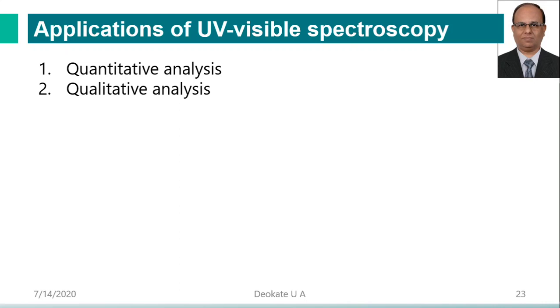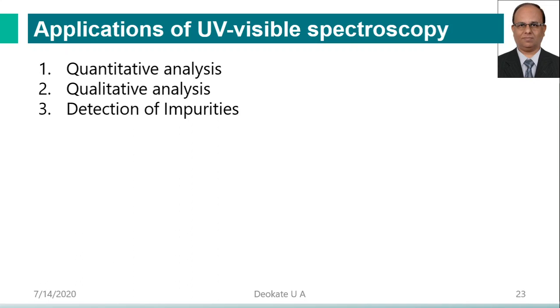One more example of qualitative estimation is the detection of impurities. UV absorption spectroscopy is one of the best methods for determination of impurities in organic molecules. Additional peaks can be observed due to the impurities in the sample, and they can be compared with that of the standard raw material.